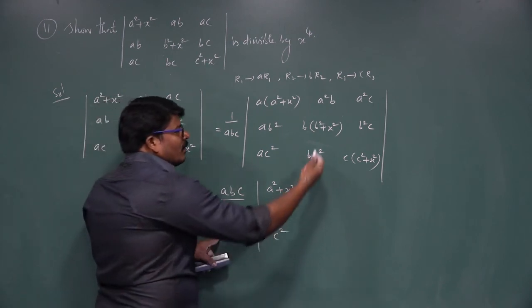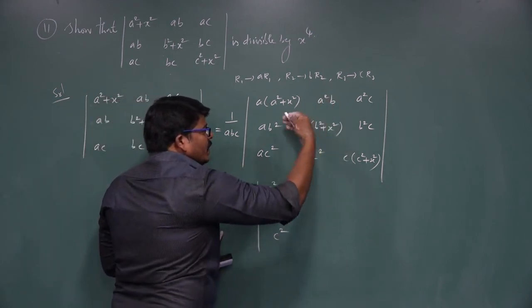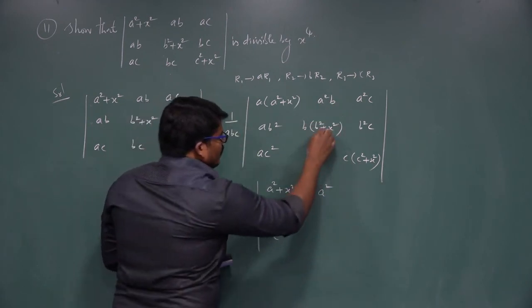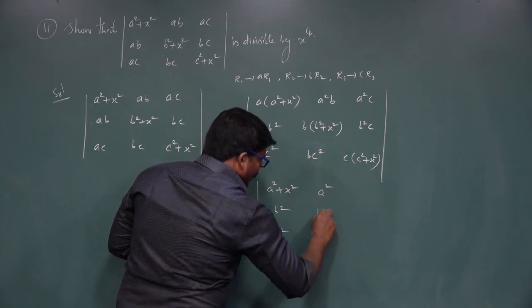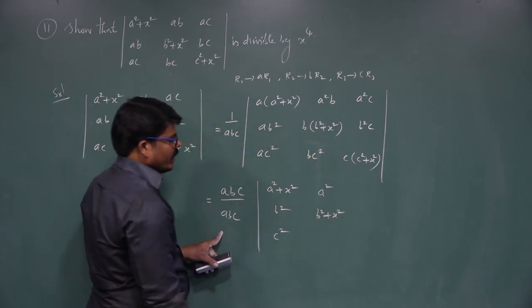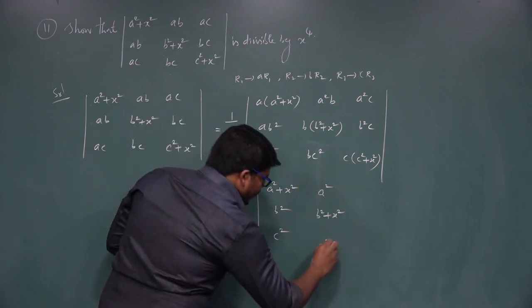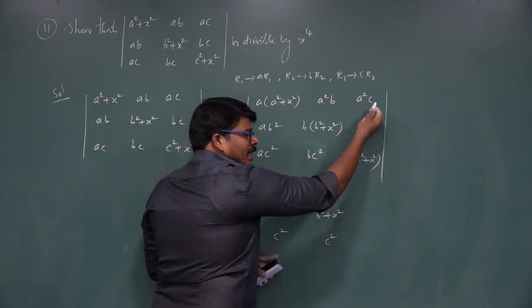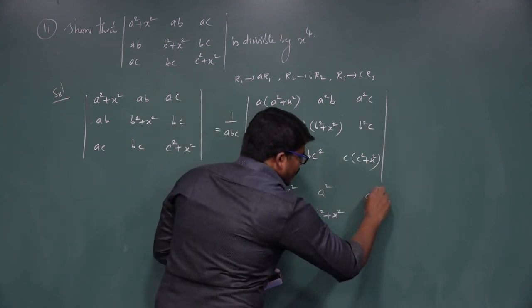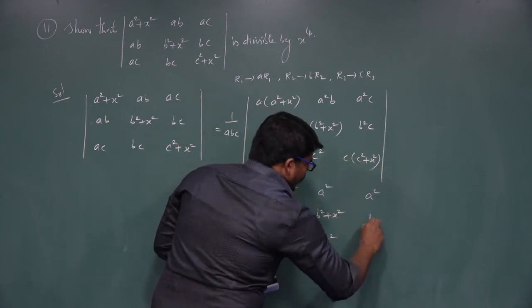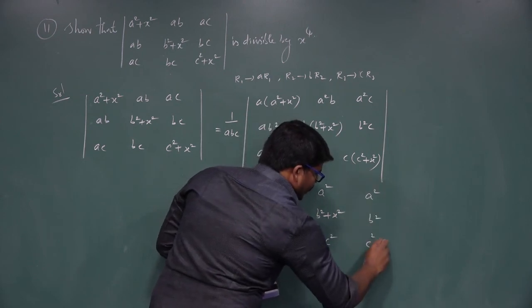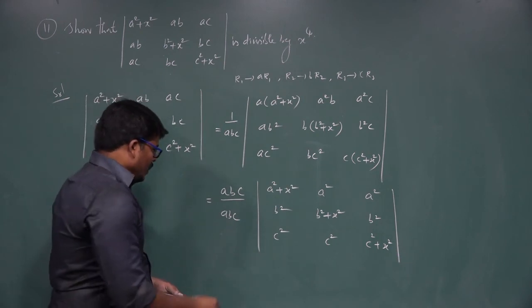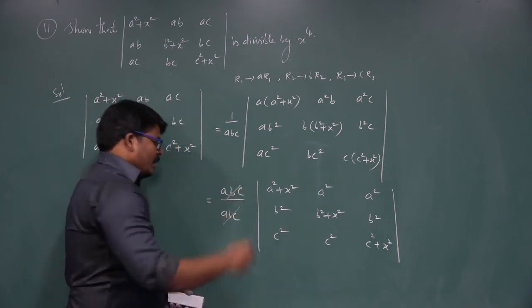The second column, taking B outside: a square, b square plus x square, c square. And the third column, common C outside: a square, b square, and c square plus x square.